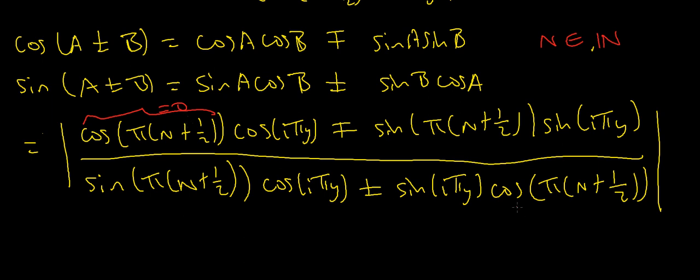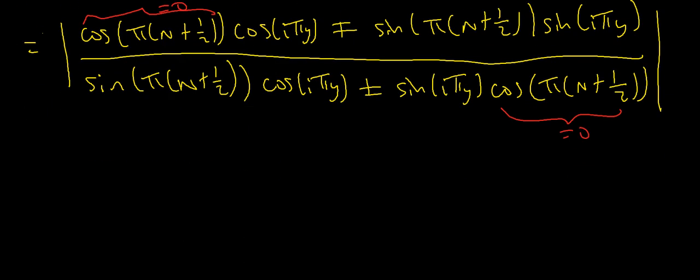Okay, and likewise this is exactly the same term, so that's going to be equal to 0 too. And if this is equal to 0, this whole expression in the top left is equal to 0 as well, and this whole expression in the bottom right is equal to 0 too. So I can immediately cancel those out, and I'll be left with what?